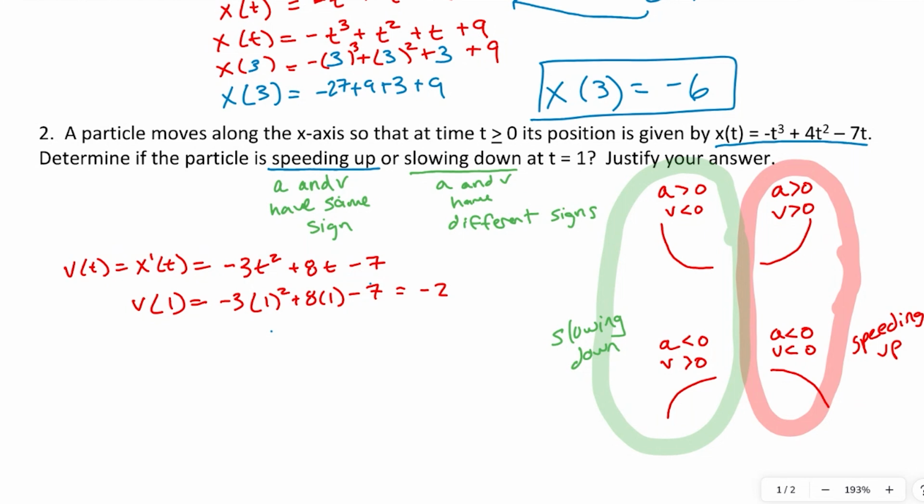That's not enough to really answer our question here, because it could be either one of these two cases. And to determine that, we need to look at the concavity of that position graph. We're going to do that by looking at acceleration. So let's find the acceleration. The acceleration is the derivative of the velocity. So we're just going to differentiate that velocity function one more time.